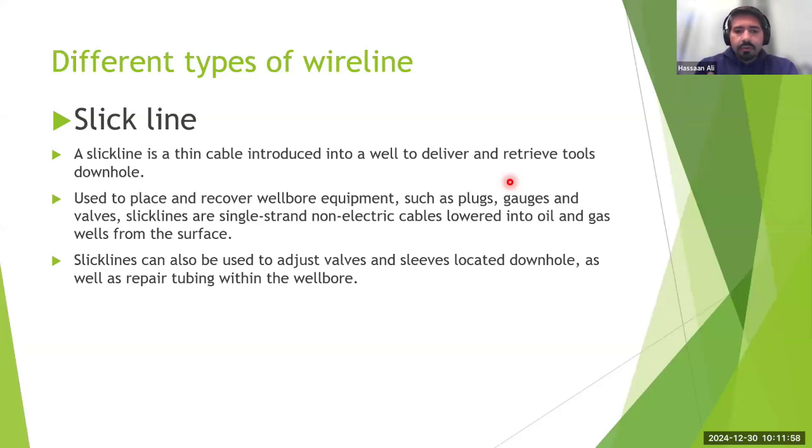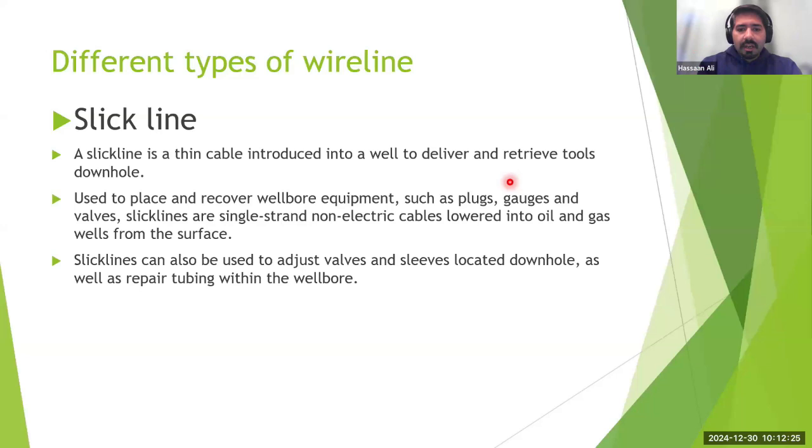They can also be used for different types of well intervention tools like kickover tools for replacing gas lift valves. Essentially, this cable is a non-electric cable. That means there is no electricity or telemetry that is being passed through the slick line cable. It is just a metal cable that is running between the wireline unit and the downhole tool.